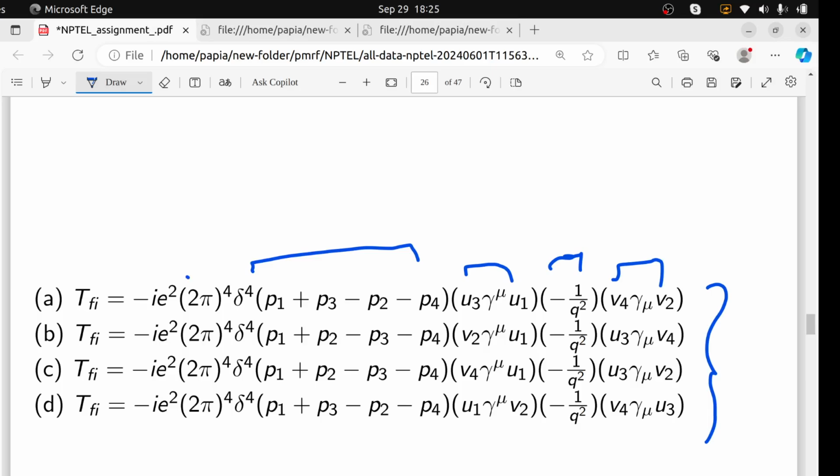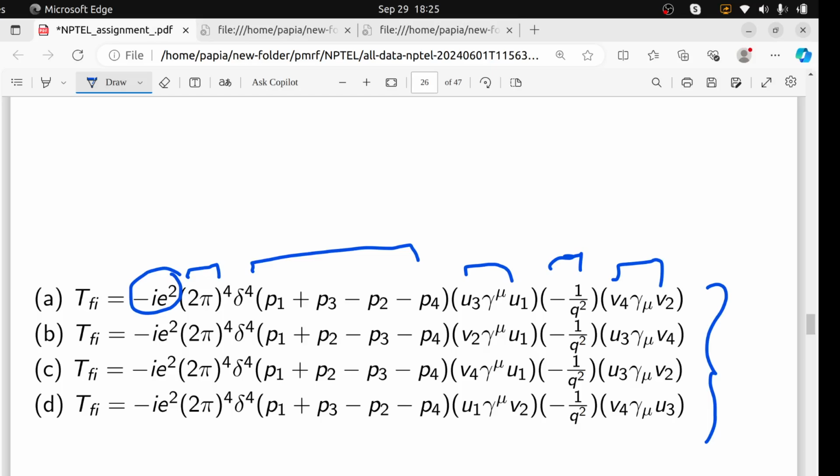And 2 pi to the power 4 is also coming. This term comes from here; it is minus sign here, minus sign here. So this is the delta function, this is the vertex, this is the vertex, and this is the propagator. This is the standard notation for writing T, F, I.